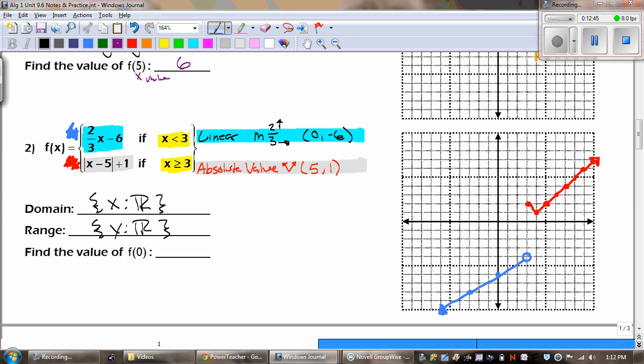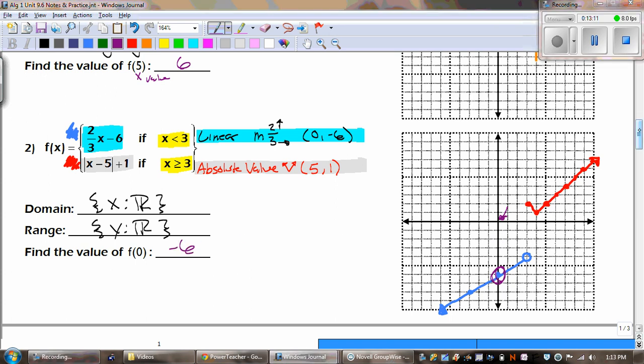And the last one, find f of 0. So when x is 0, what does it equal? Okay? So when x equals 0, what did you get? Okay, you get negative what? That's negative 1, 2, negative 6.